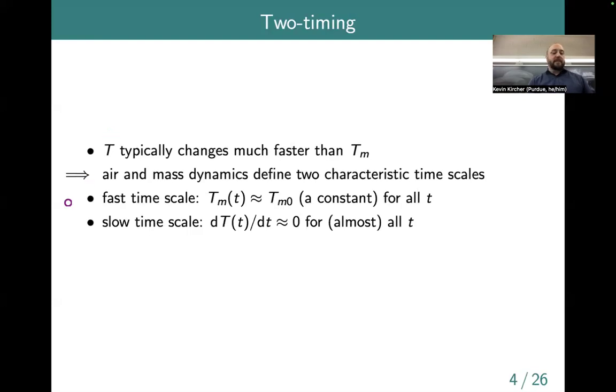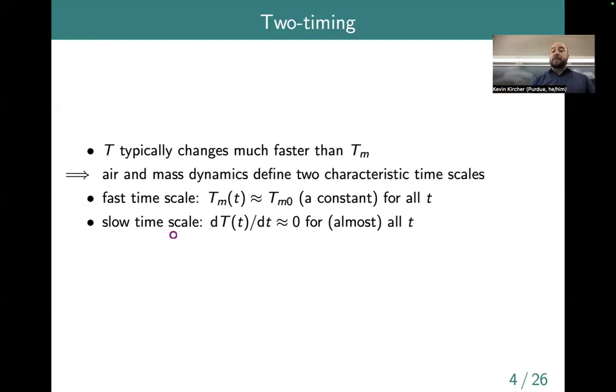So then we can make assumptions about the derivatives of the different state variables in these two different limiting regimes. If we look only at the fast timescale, we can model the thermal mass temperature as approximately constant. So maybe we're only looking at an hour or a 2-hour time span, and we'd say, yeah, the thermal mass temperature might change a little bit over that time span, but not very much, so we assume that it's negligible.